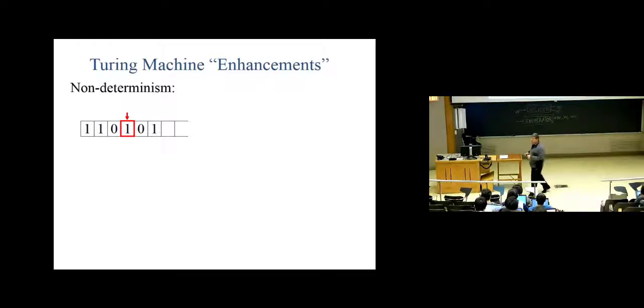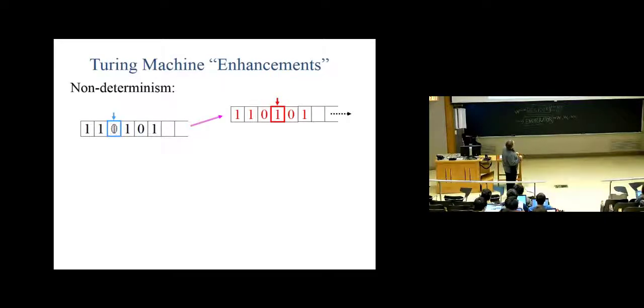You're still good. So non-determinism, one branch of the computation can do one thing and another branch can do another thing. So for example, if in one branch you went to the right and in the other branch, the blue branch, you went to the left and overwrote that with a 1. So again, this is where you start. And non-deterministically, on one branch you go to the right and don't do anything to that one.